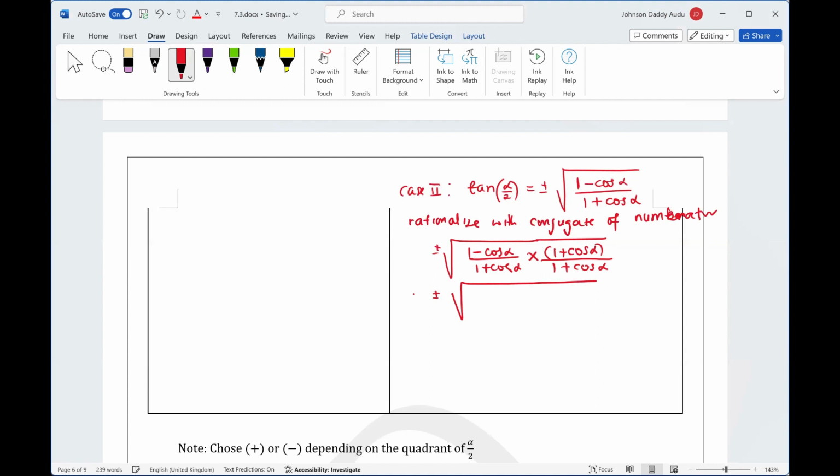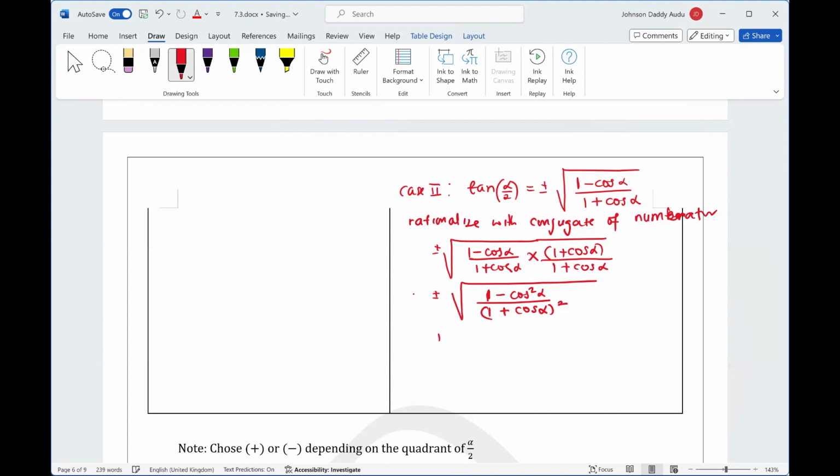If you multiply what you have at the top, you will have just 1 minus cosine squared alpha. The denominator, you will have 1 plus what? Cosine alpha, all squared.